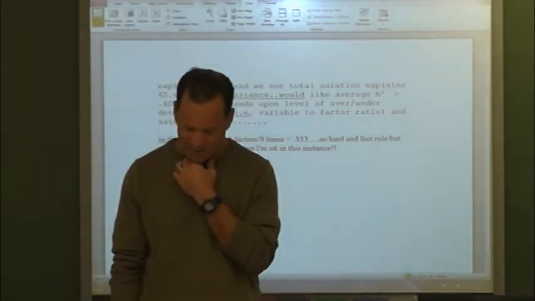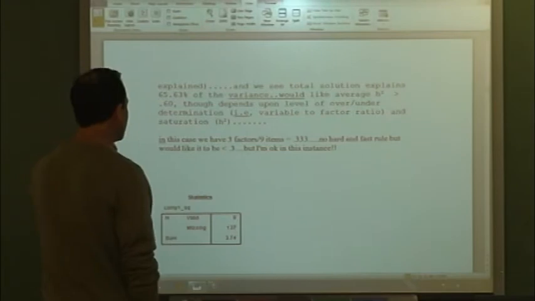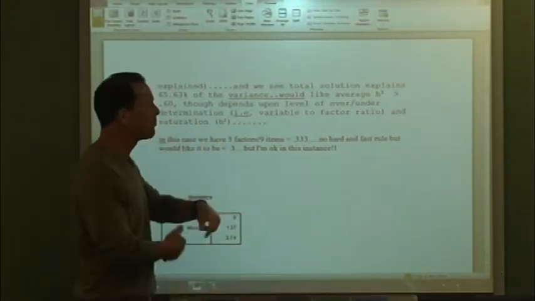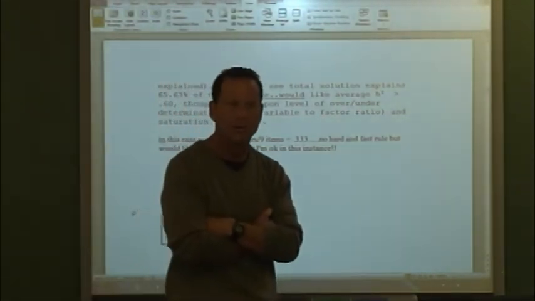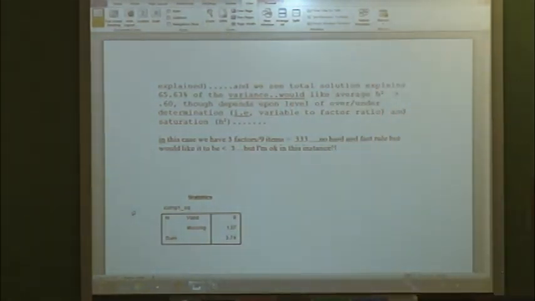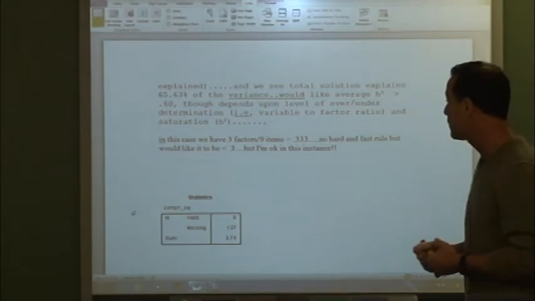Essentially, if the average communality is greater than 0.6, you can do away with a smaller sample size. That means 60% of the variance of the item is being accounted for, which means how much is uniqueness? 40, right? Which still leaves a lot unexplained.